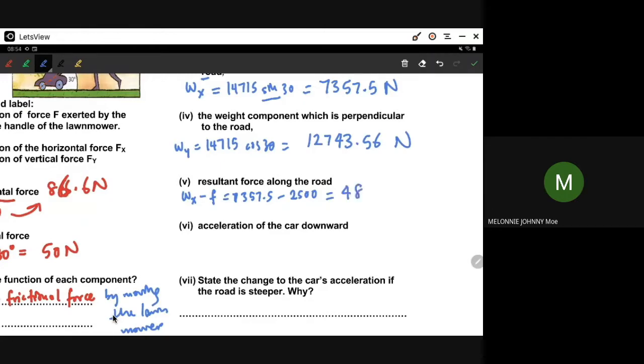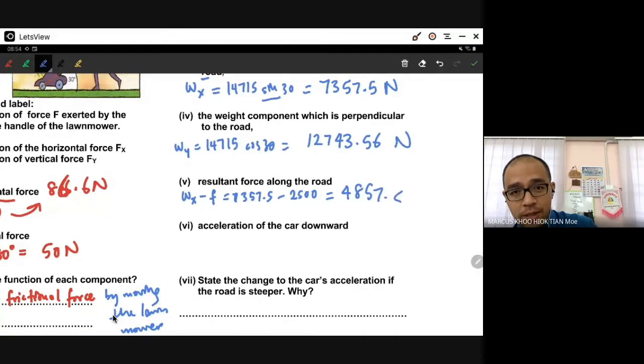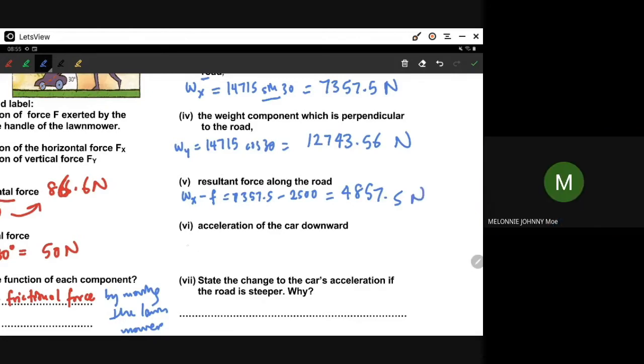4857.5 newtons. And what is my acceleration? F equals ma.